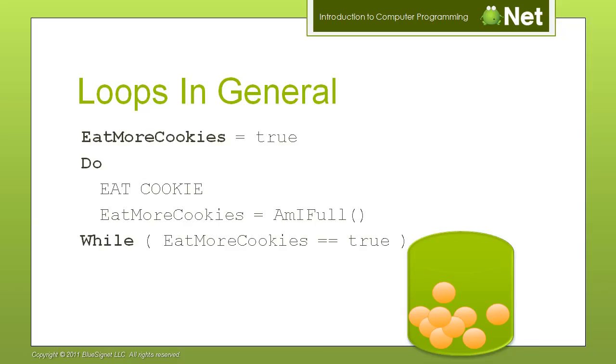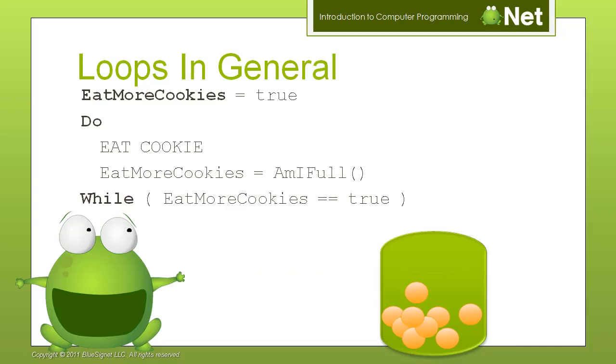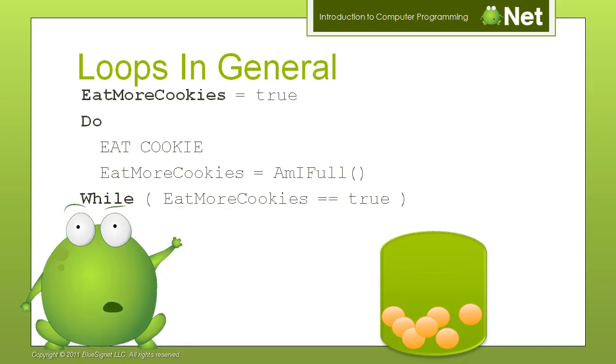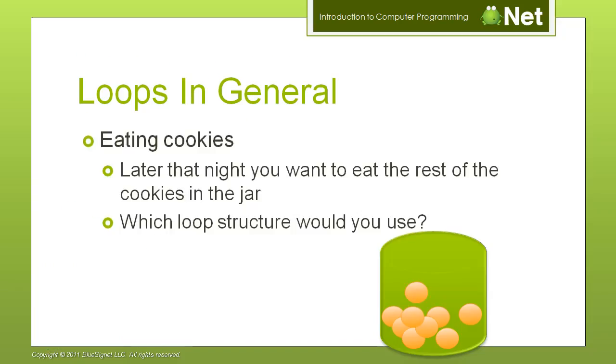So he's going to eat 1 cookie, and then he checks: do I want to eat more cookies? He calls the am I full function. He has another cookie, then decides, yeah, 2 cookies was enough. Now eat more cookies is not true, so the loop exits.